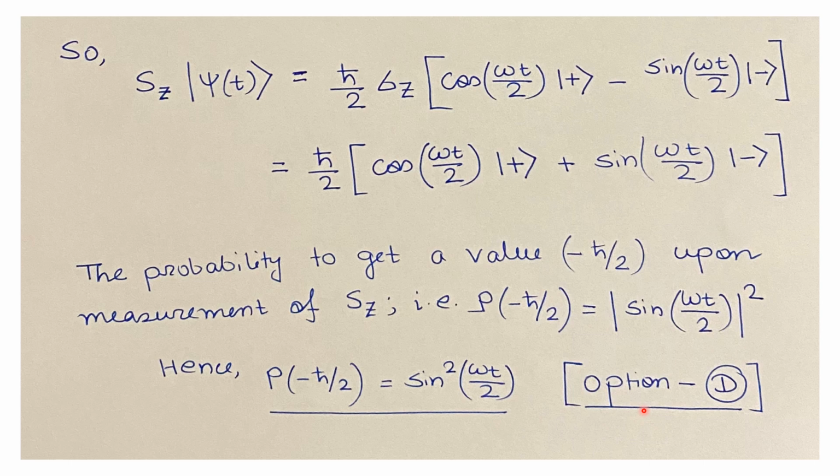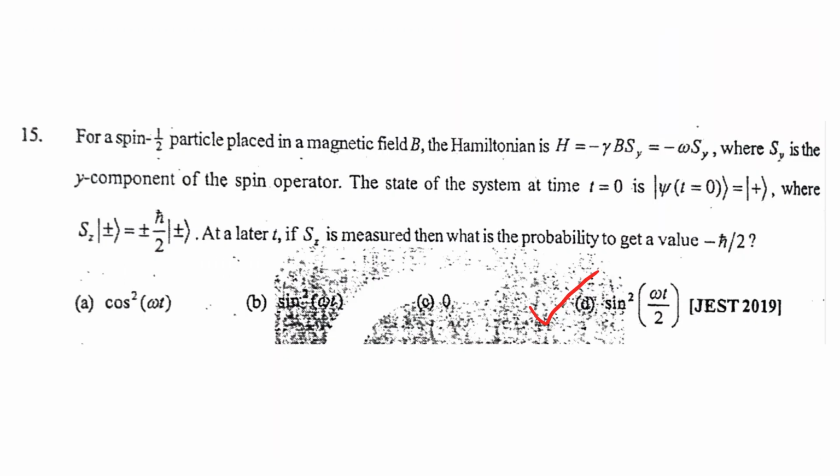So, our option D is correct. We have discussed this solution in detail, and we found that if Sz is measured in the final state, psi at time t, then the probability of getting minus h cut by 2 is sin squared omega t by 2.